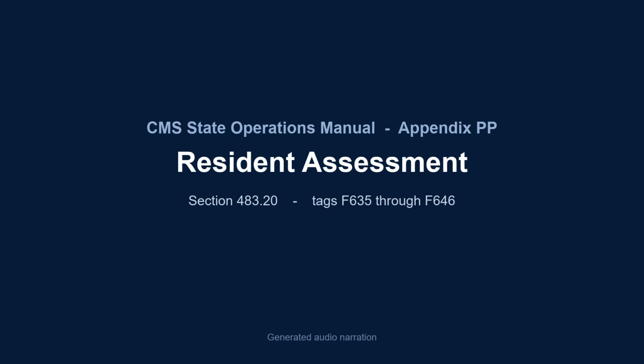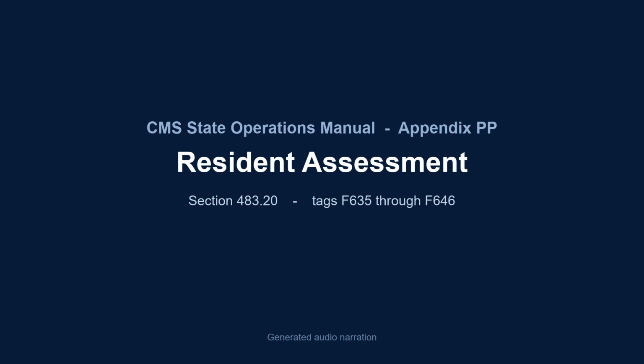The facility must notify the state-designated mental health or intellectual disability authority promptly when a resident with MD or ID experiences a significant change in mental or physical status. For additional information regarding resident referral after a significant change in status, see requirements at Section 483.20(k)(4), F646, MD/ID significant change notification.